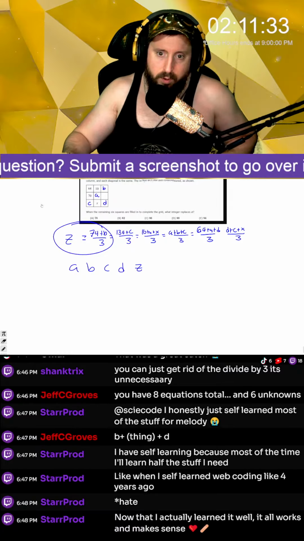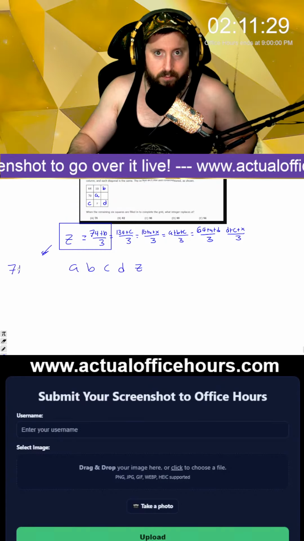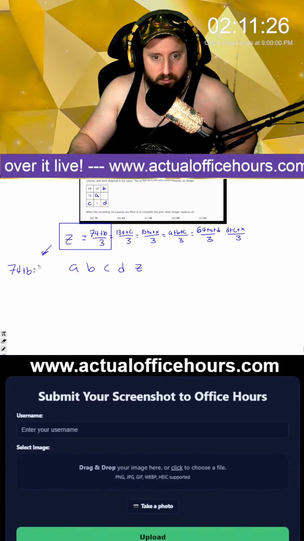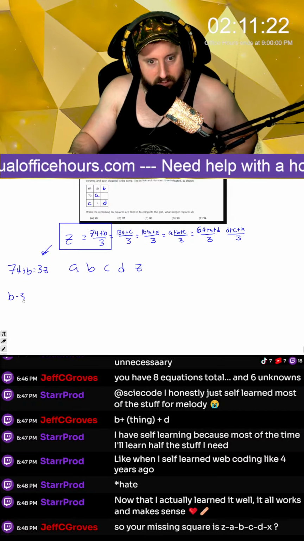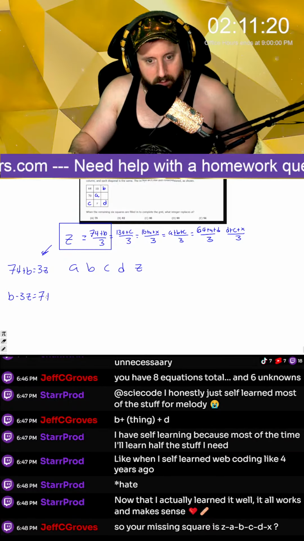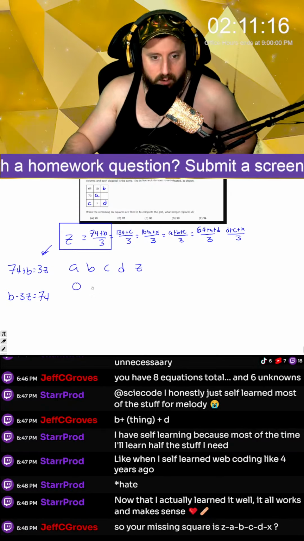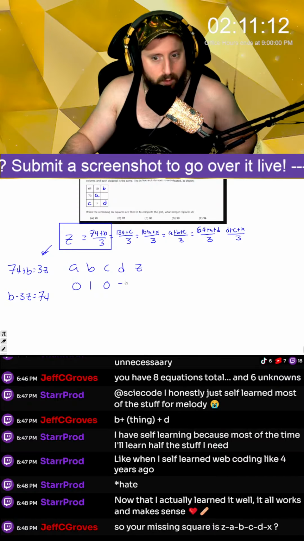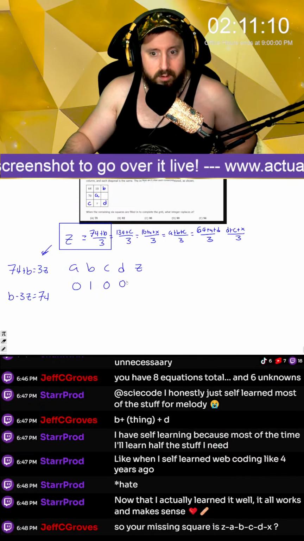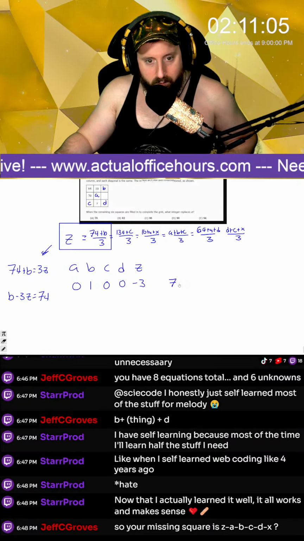Right? If I were to take this and write an equation out of it, I would get 74 plus B is equal to 3Z. So I would say that B minus 3Z is equal to 74. Right? That's an equation that I could write. So here that would be 0, 1, 0, 0, 0, negative 3, and then 74.